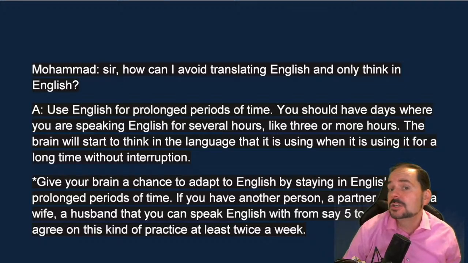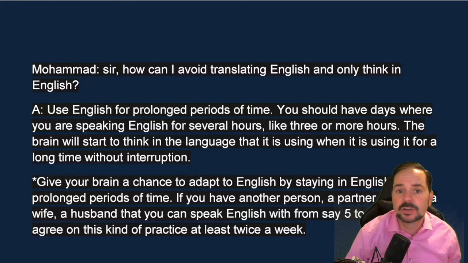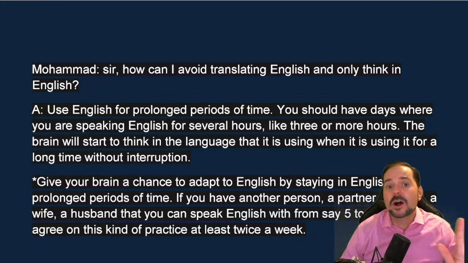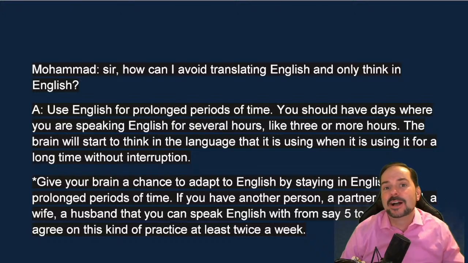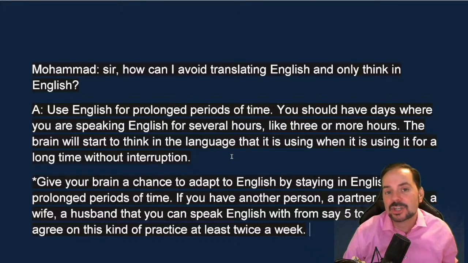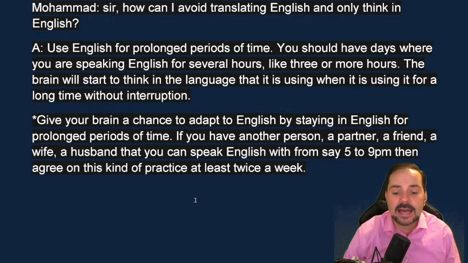And if the other person starts to speak French or Portuguese or Spanish or Arabic, then say, hey, stop. This is English time, and I want to get my mind thinking in English, so I don't translate, because I want to really learn English and feel the English culture. So let's just speak English. Okay? So Mohammed, that is my response to that.